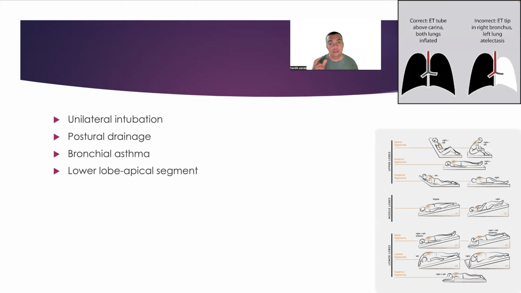For that we need to have a proper idea about the bronchopulmonary segments, and by using that knowledge, you can apply the postural drainage technique. You can keep the patient in a particular position so that you can drain the secretion from those segments. So that's why we need to have a proper idea about it.